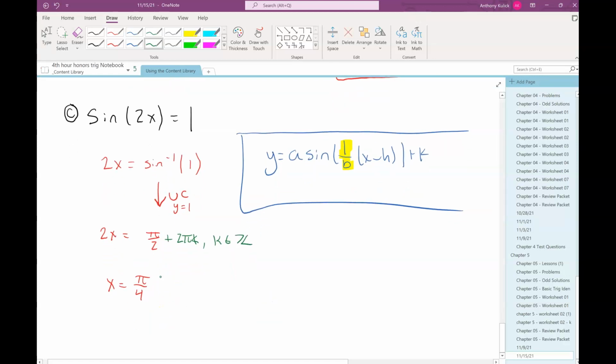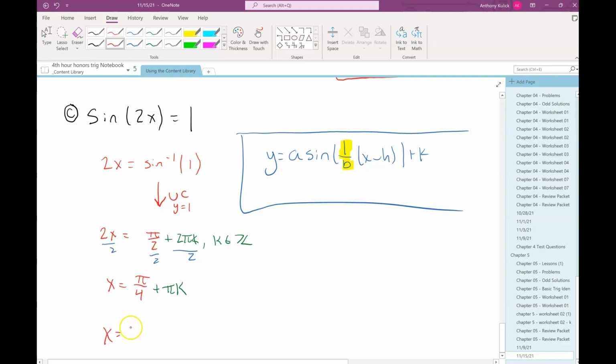And then at the next step, when we divide everything by 2, we also have to divide that other part by 2. So really we have pi over 4 plus pi k.